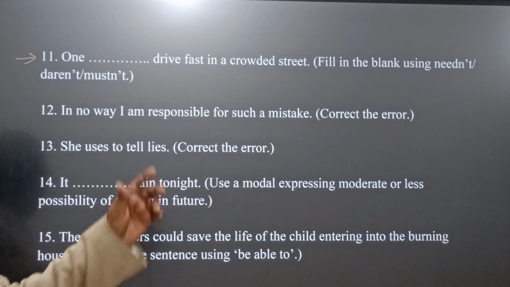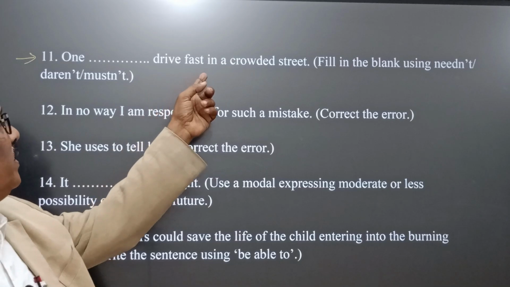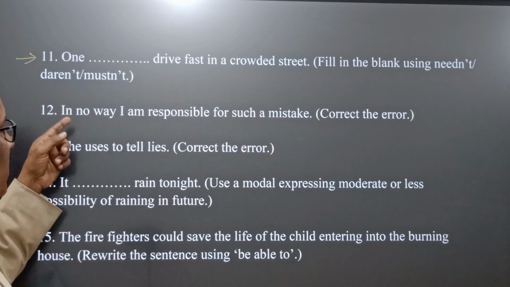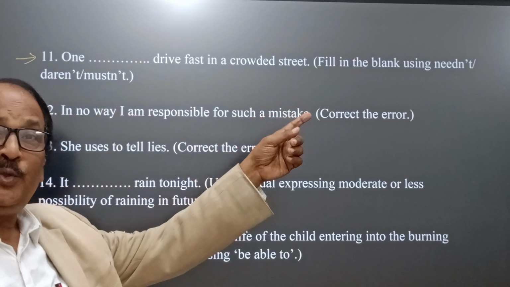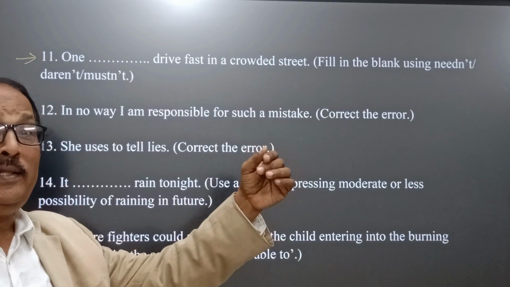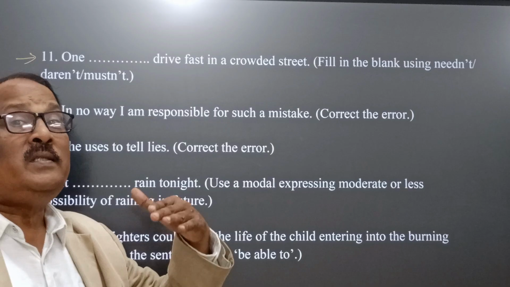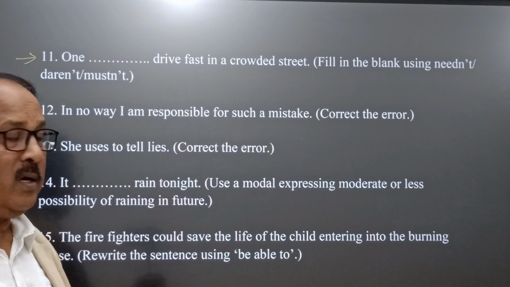Question number 11. Blank drive fast in a crowded street. Fill in the blank using needn't or daren't or mustn't. Needn't is used whenever there is no necessity of doing anything more. Whenever we shouldn't challenge to do anything, in that case we use daren't.